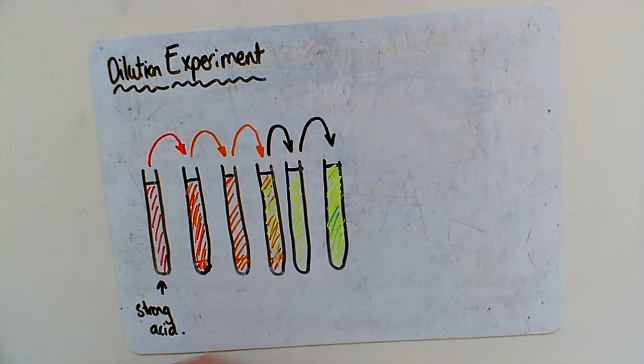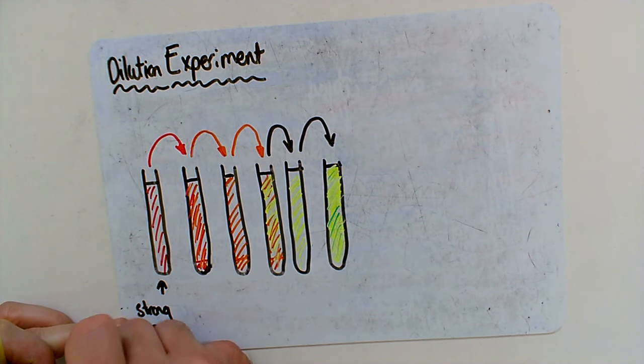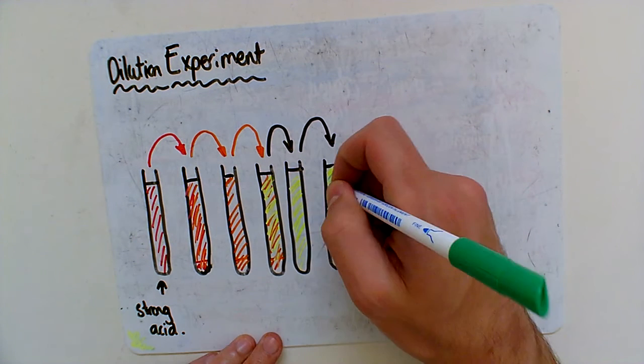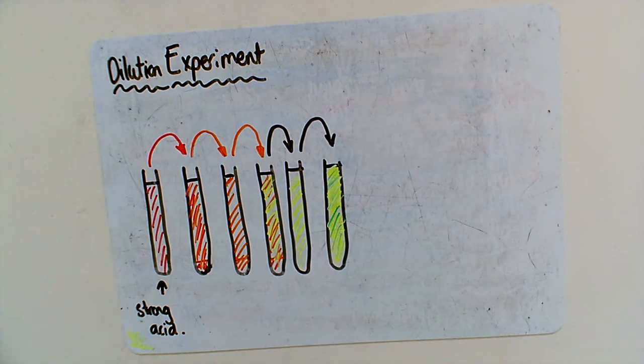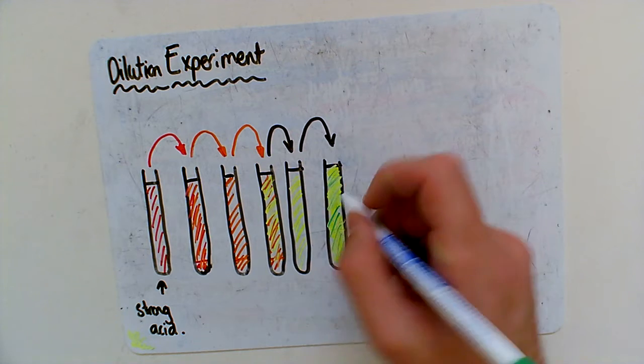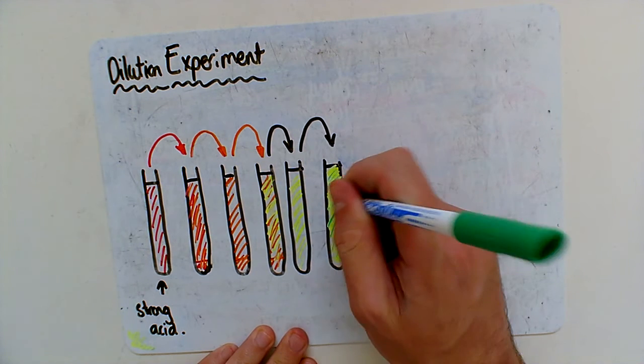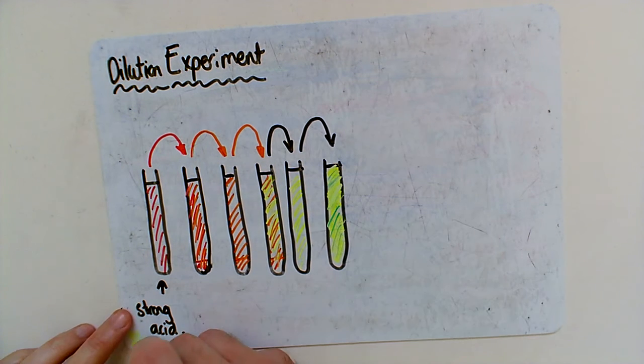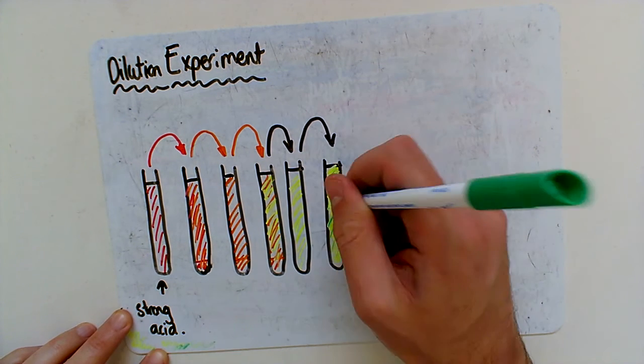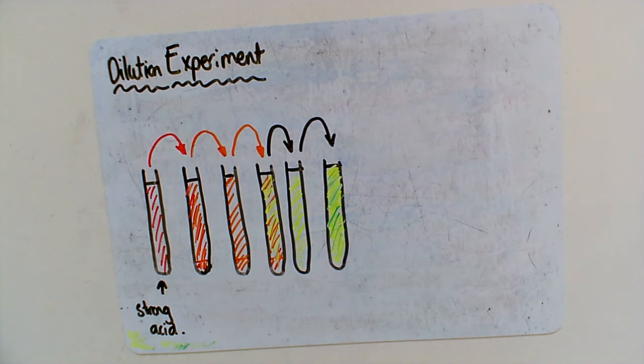Sorry, it's not very clear. Yellowy green colour. The reason for that is because the pH is changing.